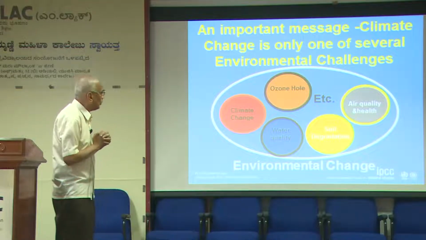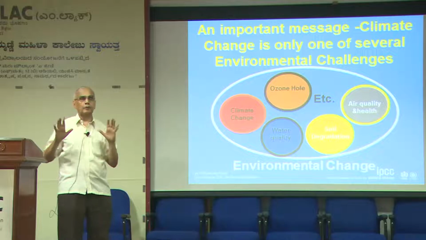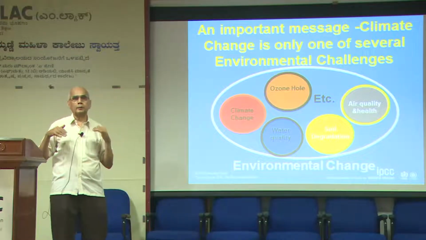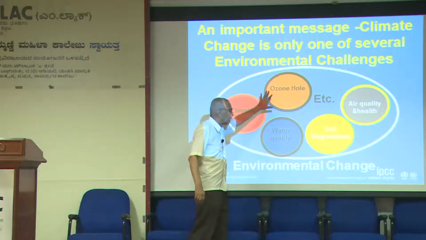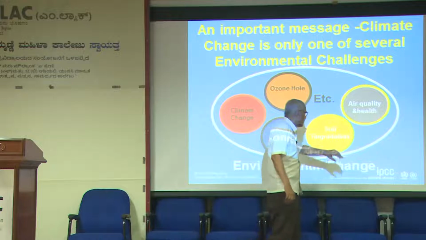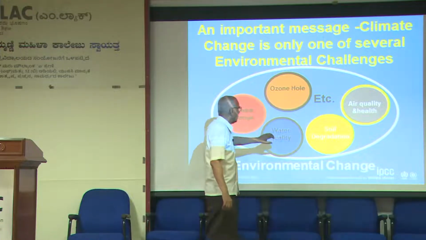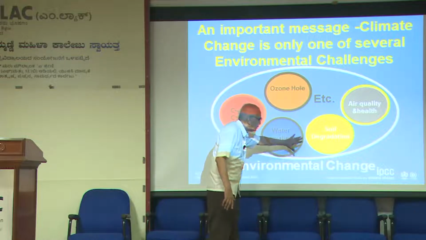Now I want to end on this note. Remember that global warming is not the only problem we are facing. We have done so many terrible things in the last 100 years that we created the ozone hole, which fortunately is now being controlled. We have reduced air quality, we have reduced water quality, of course, and there is climate change. There are many things happening, soil degradation.